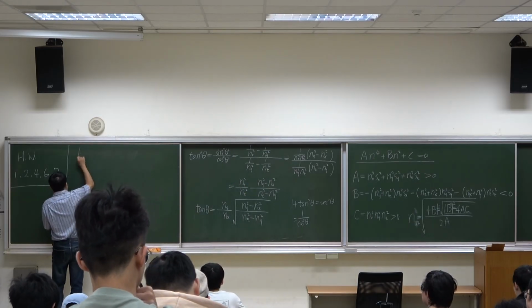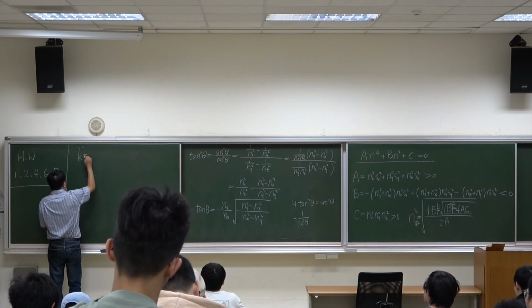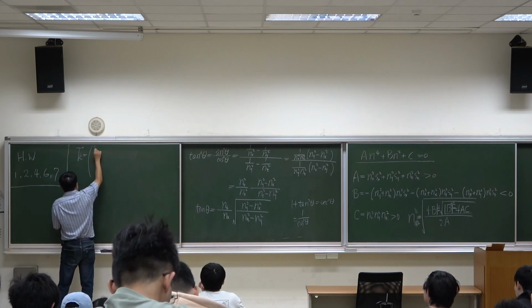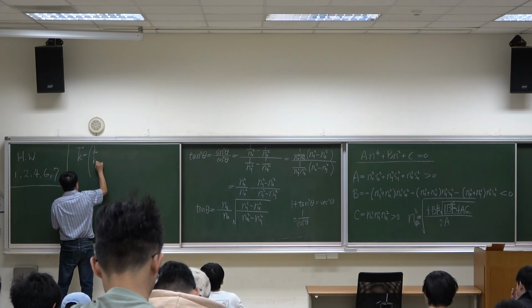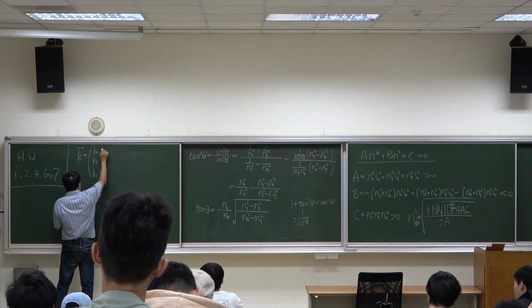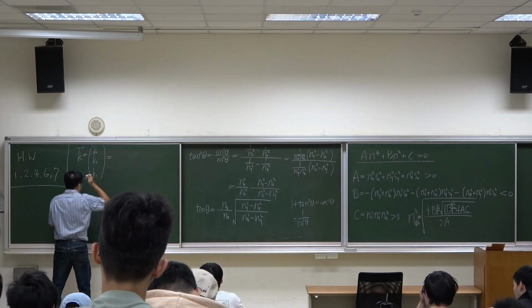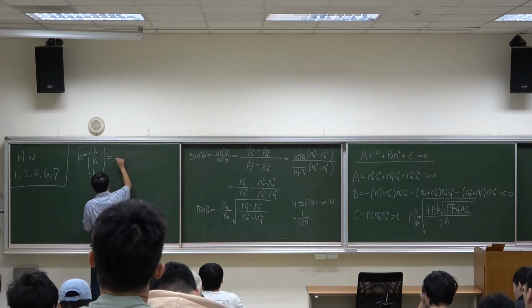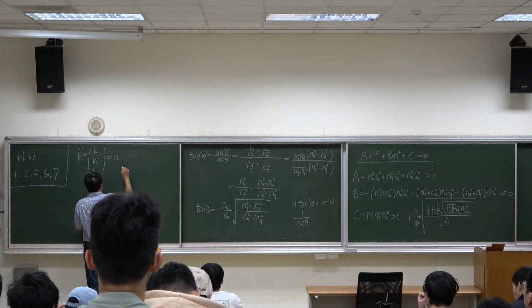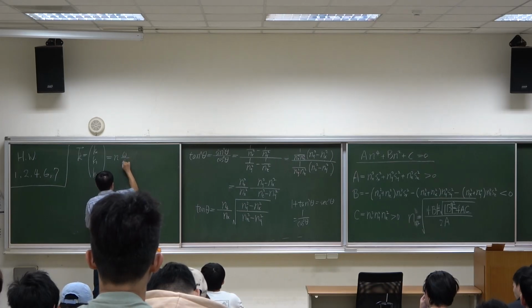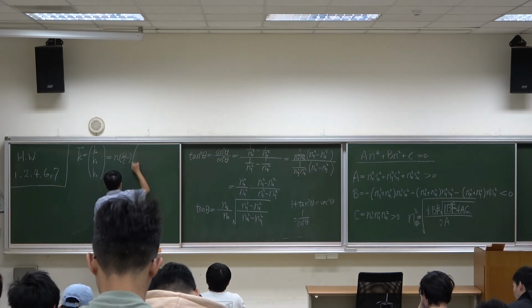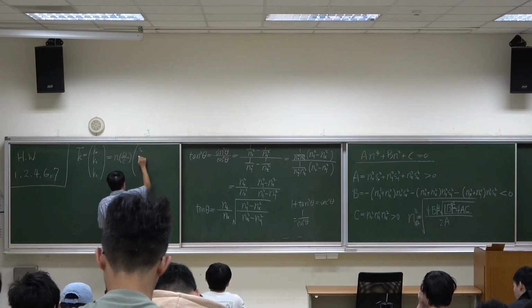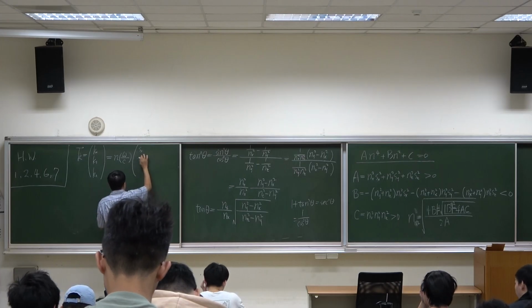So now I define. Now I know that k is kx, ky, kz, which is n times omega over c times sx, sy, sz.